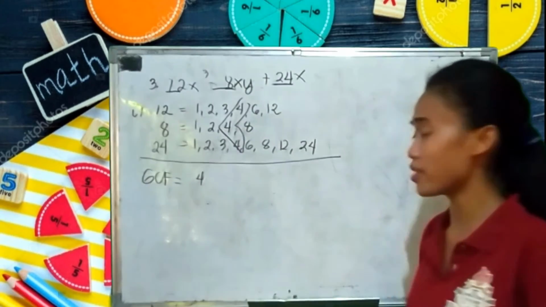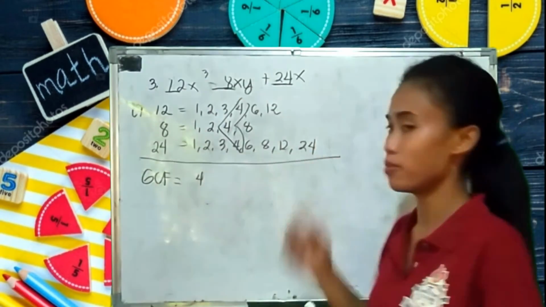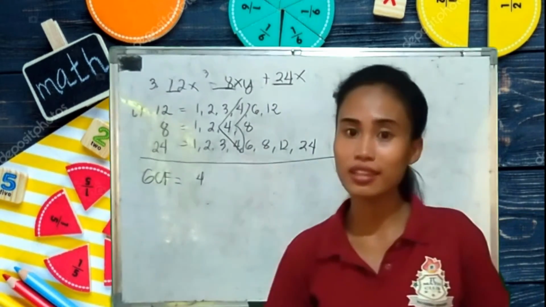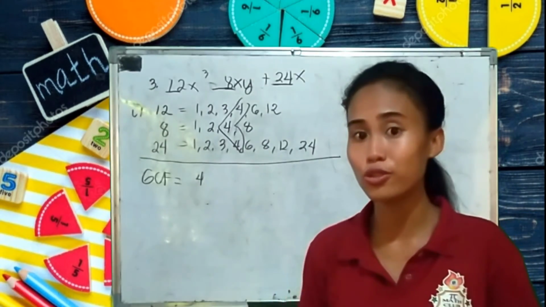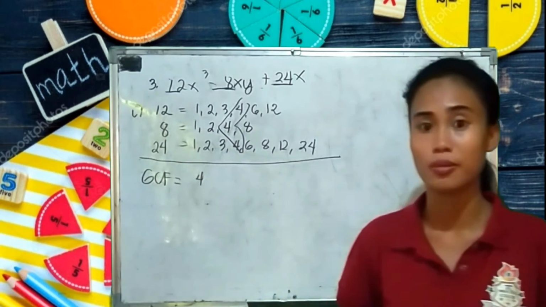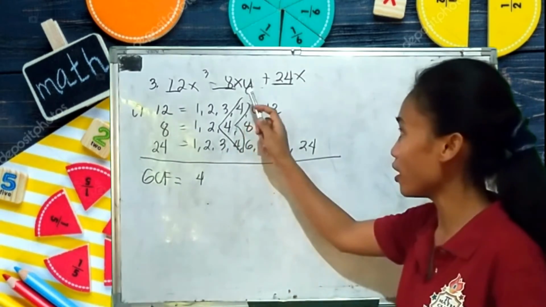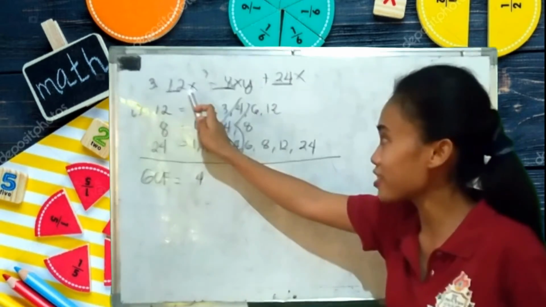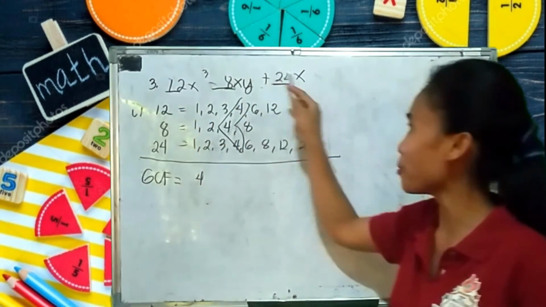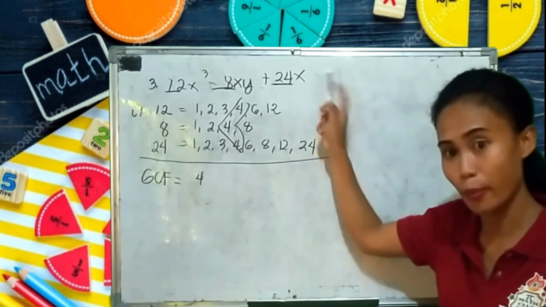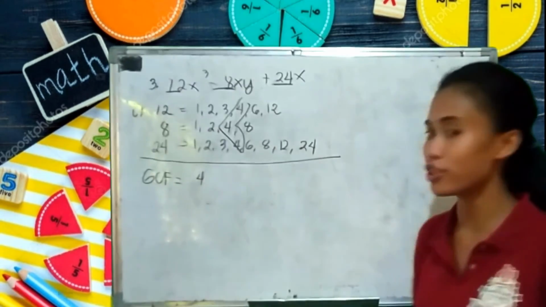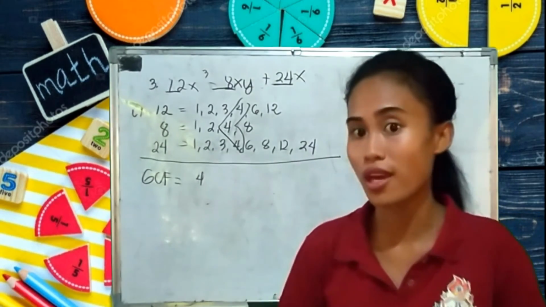For the CMF, Ma'am, what will I do with the variables? Alright. For the variables, you identify the variable that is common to all the terms in the polynomial. So in here, y is not considered as a common factor because y is not present in your first term and in your last term. So we only consider x, but this time we consider the least exponent.